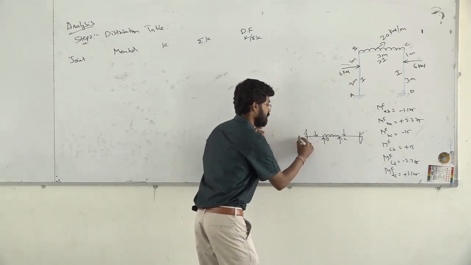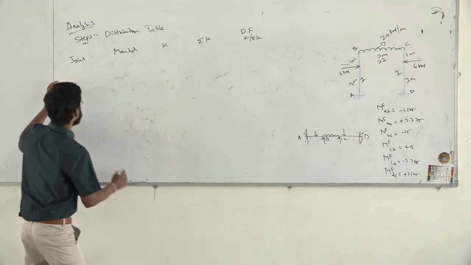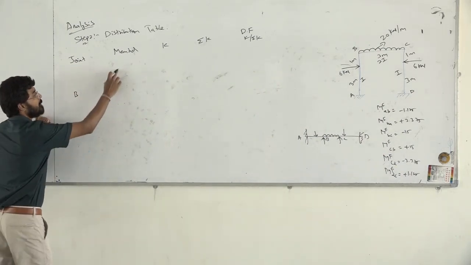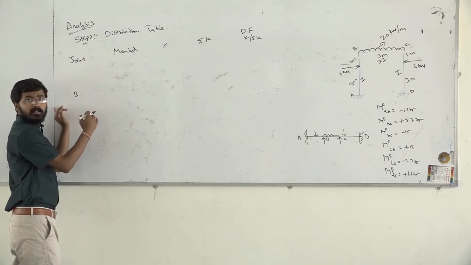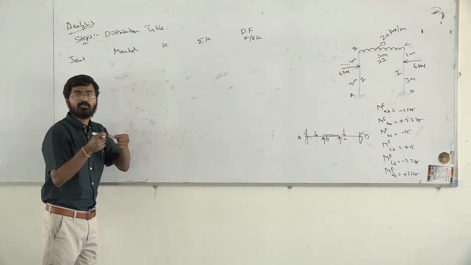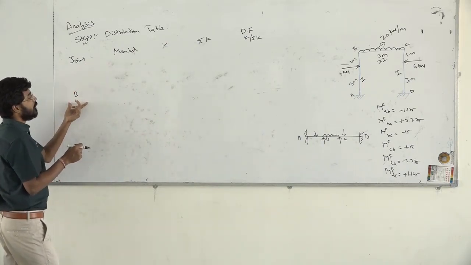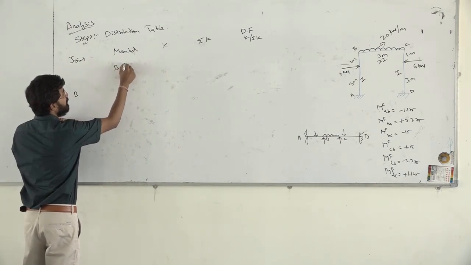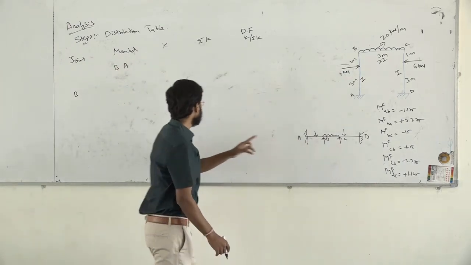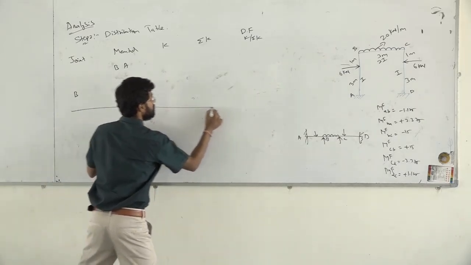This is A, this is B, this is C and this is D. Let us take the first joint as B. A joint is where at least two members come and join. So at joint B we have member BA and member BC.